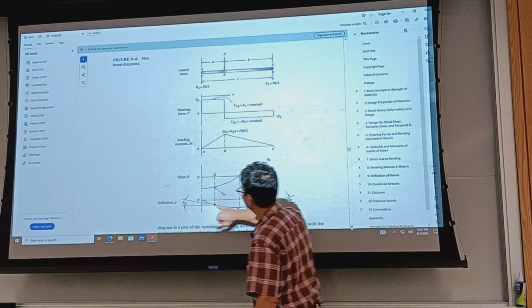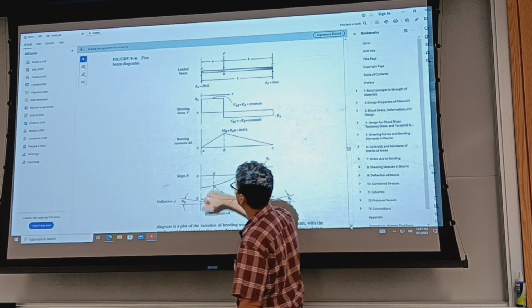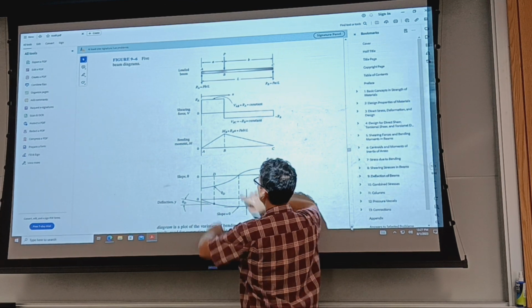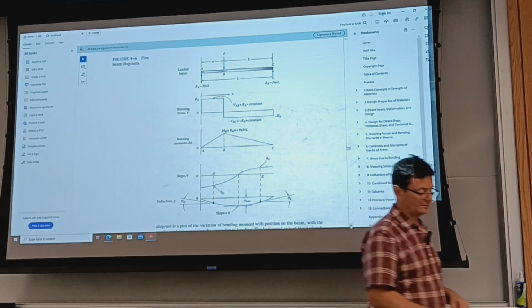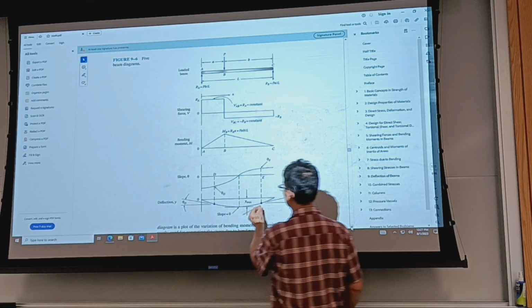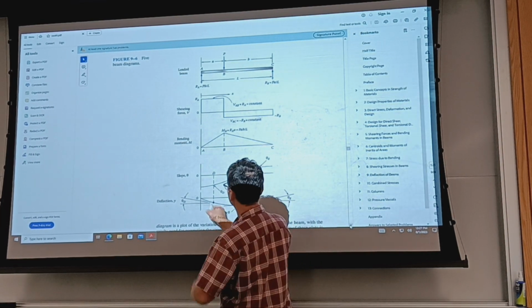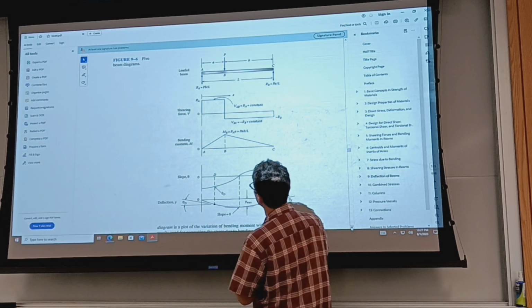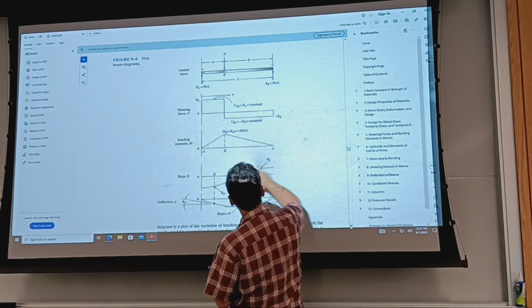We talk primarily about deflection. You have supports at the ends, where the deflection of the supports is zero. Supports allow rotation of the beam, so we have a slope that is non-zero at the ends. The slope goes from a negative to a positive value, as shown here.